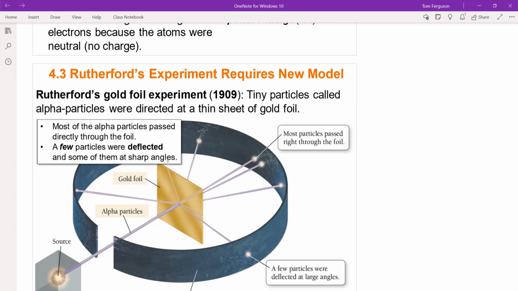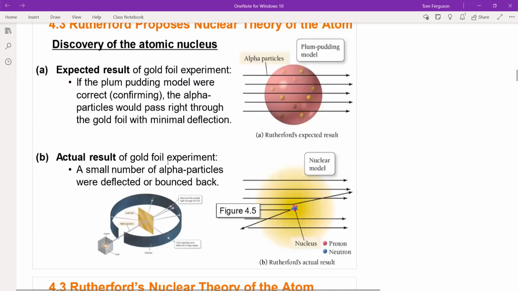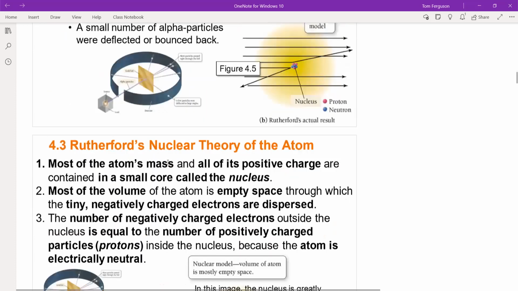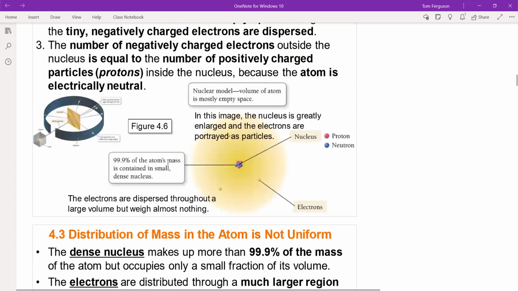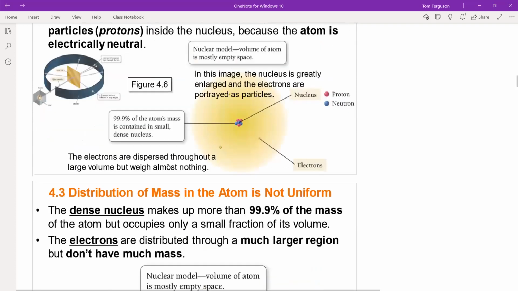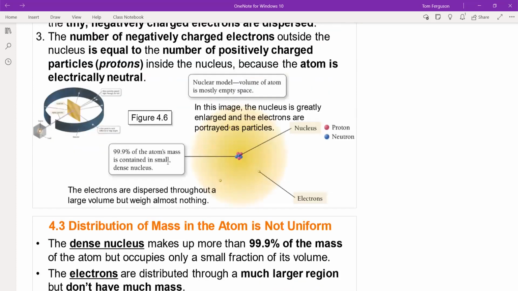Now, there's not a slide on the next guy I'm going to talk about. The next guy came along and said, that's BS. Electrons have got to be organized.